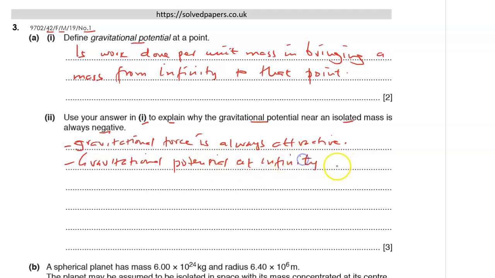Basically, this means that gravitational potential reduces from 0. Of course, 0 is the greatest potential.